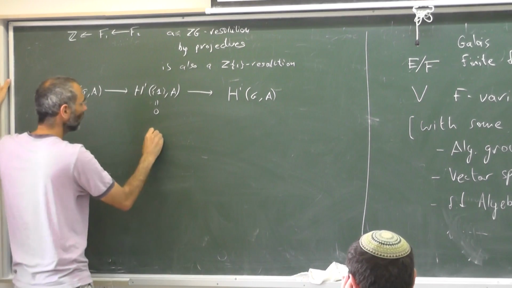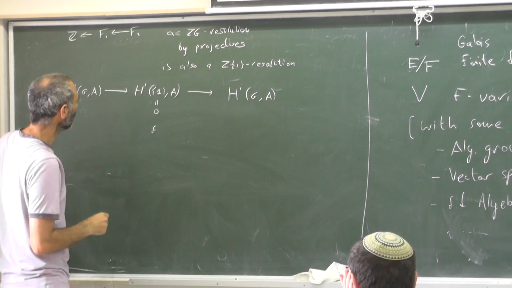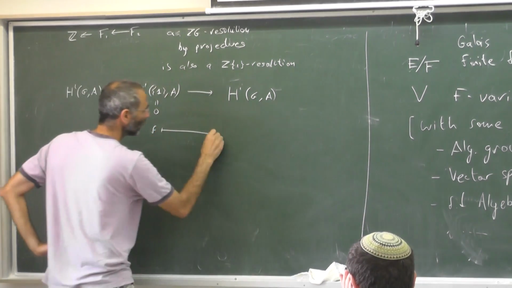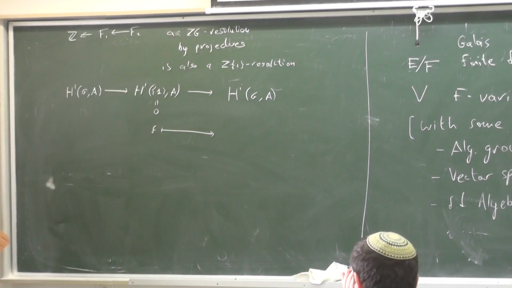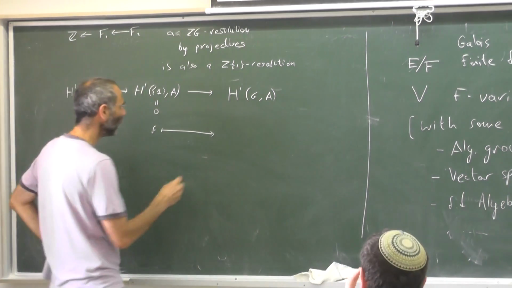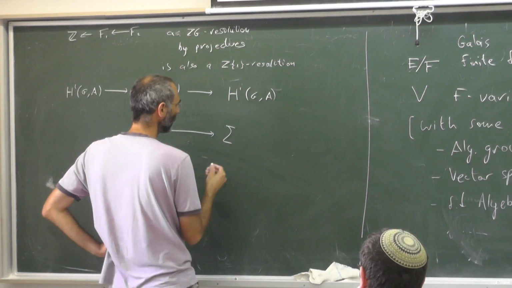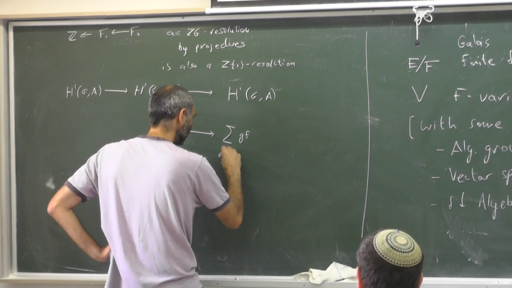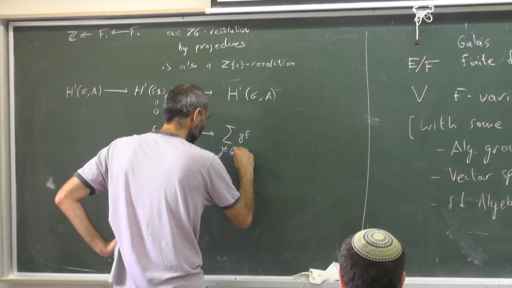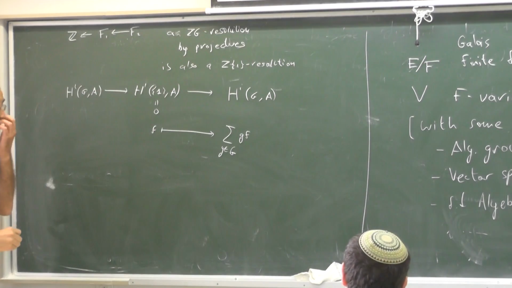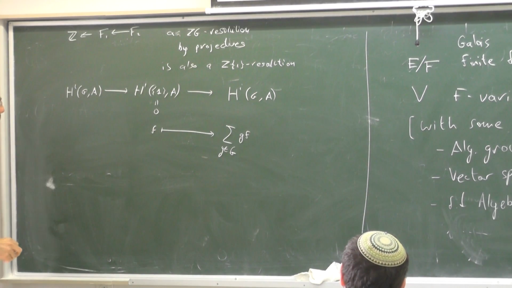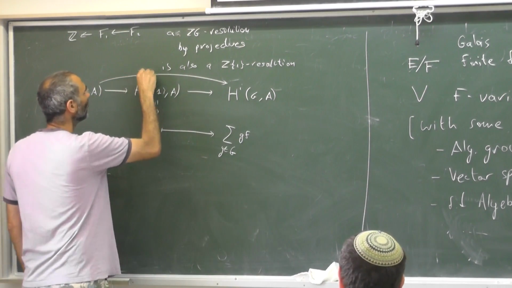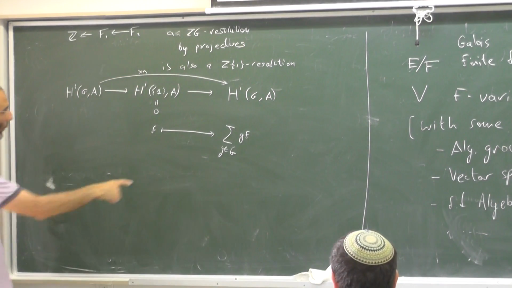And this is like if you have a function, well, if you have an element here, basically this is the thing that we looked at last time. We take the sum of its G shifts. The composition of those two maps is multiplication by n, because they have elements here.